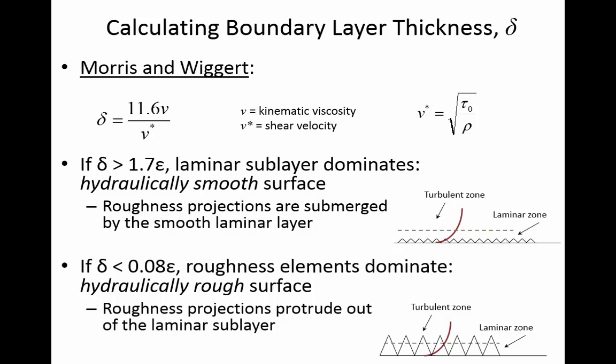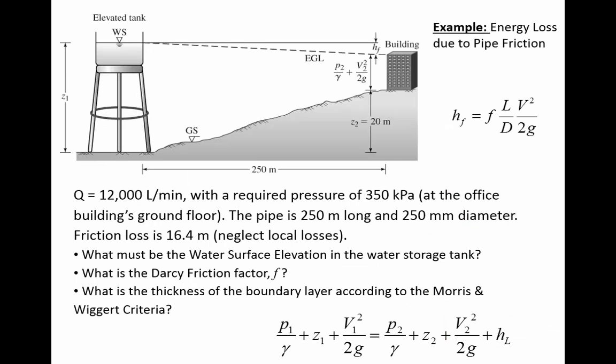The water that's above it is moving along without as much interference from the roughness elements as below, when we have a hydraulically rough surface. Okay, so that's the Morrison-Wiggert criteria and how the boundary layer interacts with the material that a pipe is made out of.